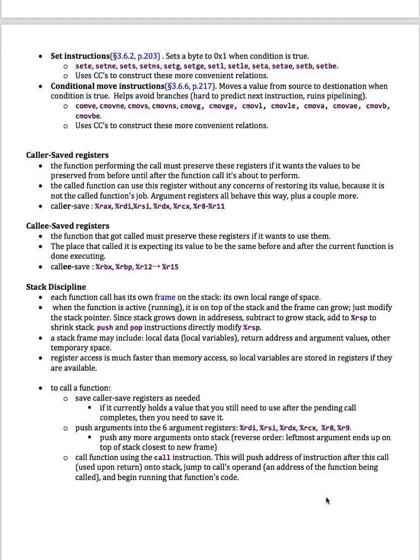By doing so, we help the pipelining of the code, which we'll learn later on in the course. Essentially, it vastly helps the program run much faster.